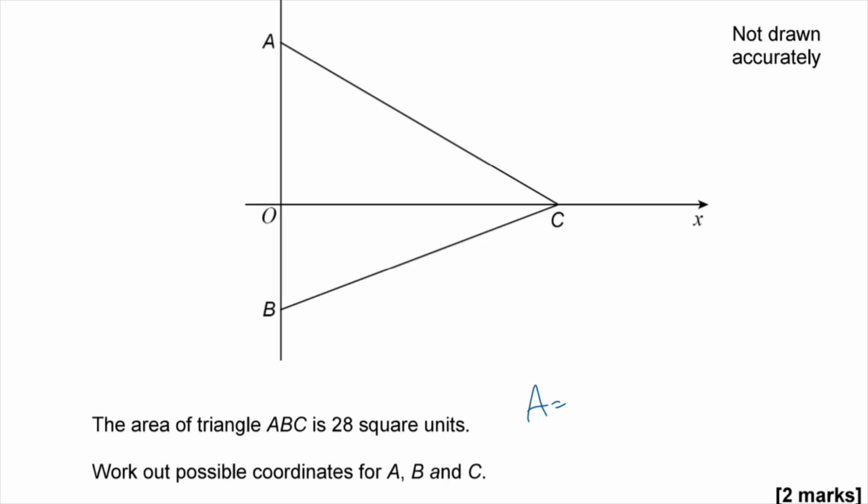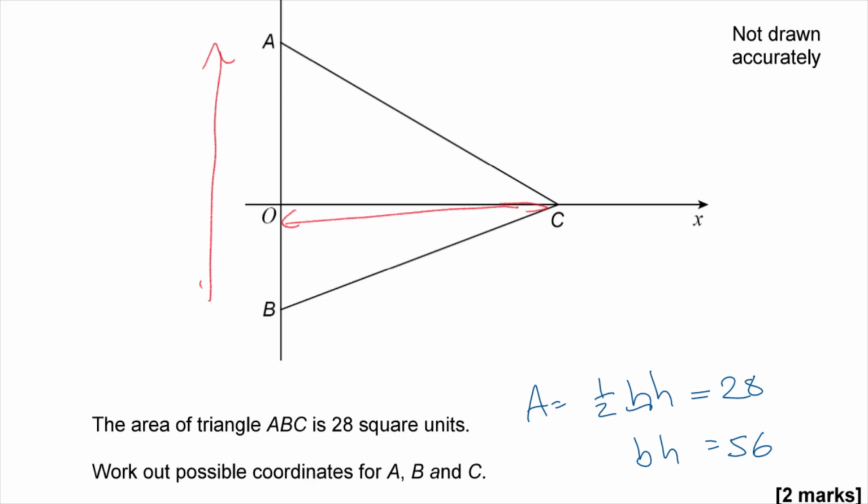So area equals a half base times height. And in this case, that is equal to 28, which means that the base times the height is going to be twice that. It's going to be 56. So we're looking for two values here and here that multiply together to give you 56.